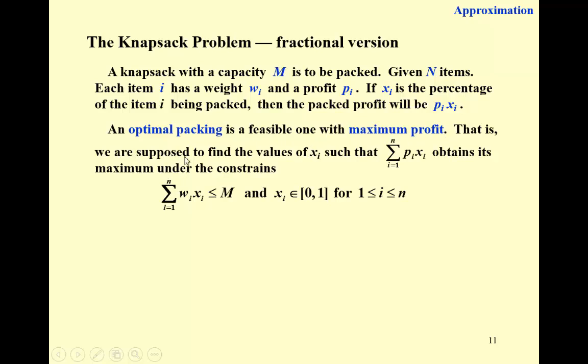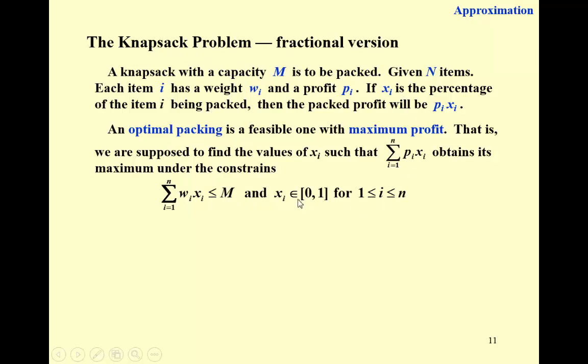That is, we're supposed to find the values of those percentages such that the total profit obtains its maximum under the constraints that the total weight is no more than the capacity M. And this x is a percentage, so it's a number between 0 and 1. This is the simple version because it can be solved by a simple greedy algorithm.